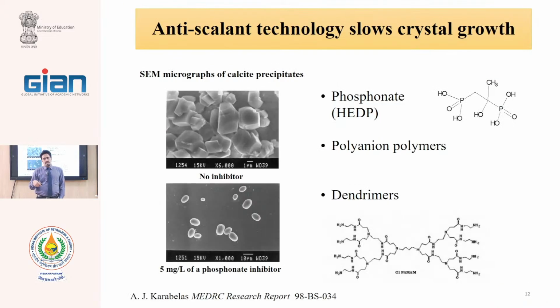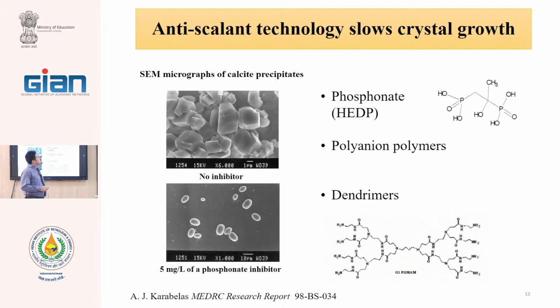For reducing the scaling, after pH adjustment, we can use some materials that reduce the scaling possibility. The famous one is the phosphonate family. There are different types of this compound that we use.